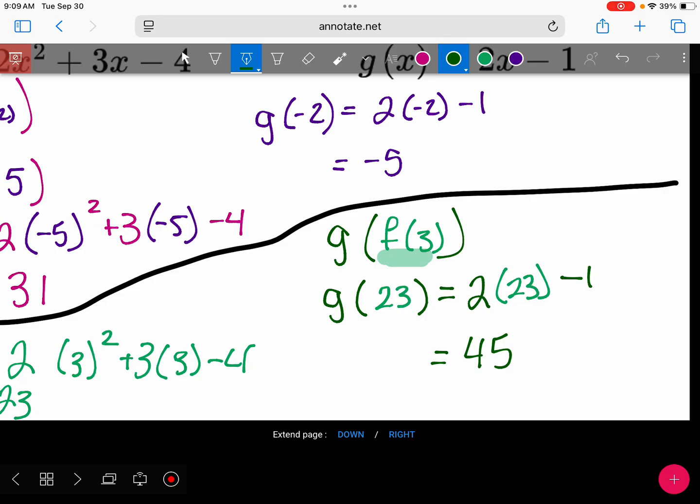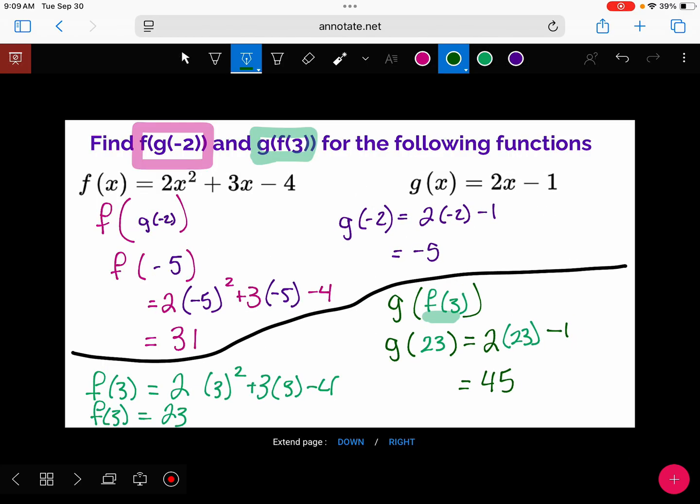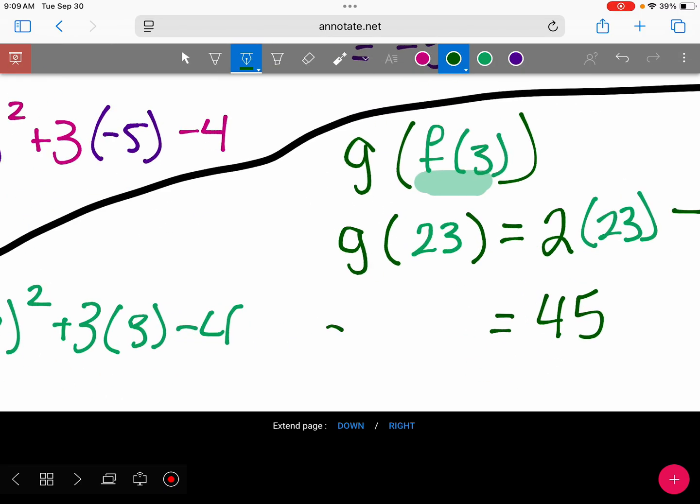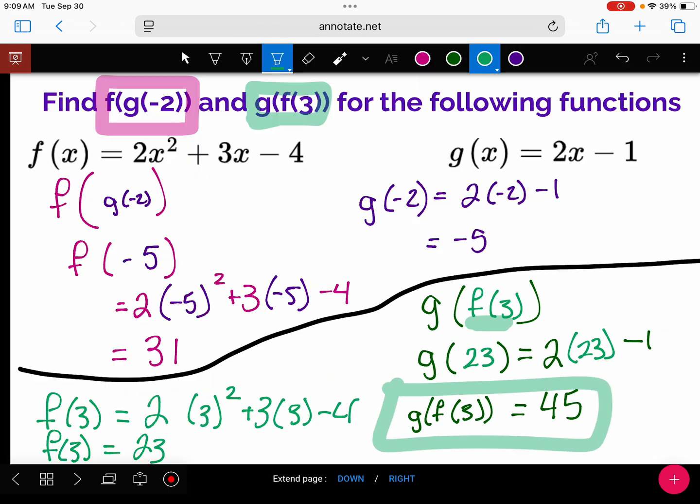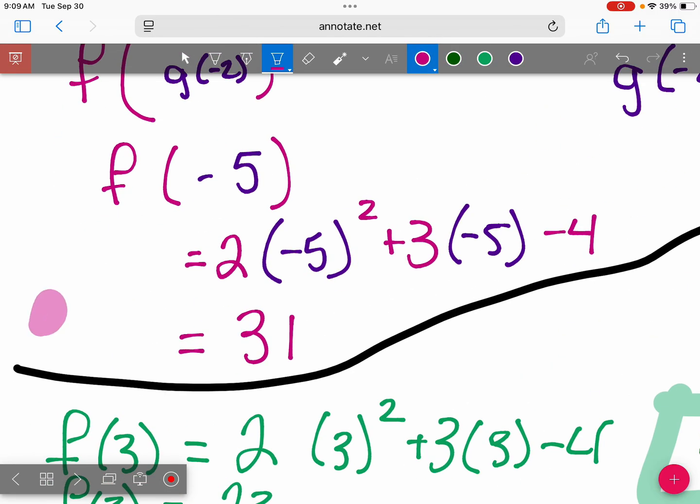So our g of f of 3 is 45. So this is our g of f of 3. So this is our answer here, and this one is our, just putting the titles in here, our f of g of negative 2.